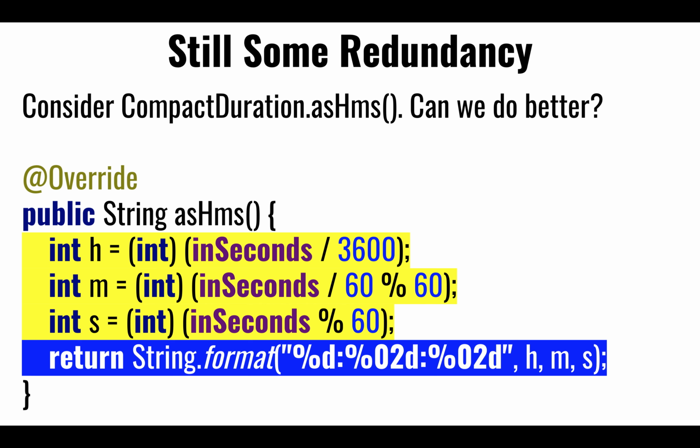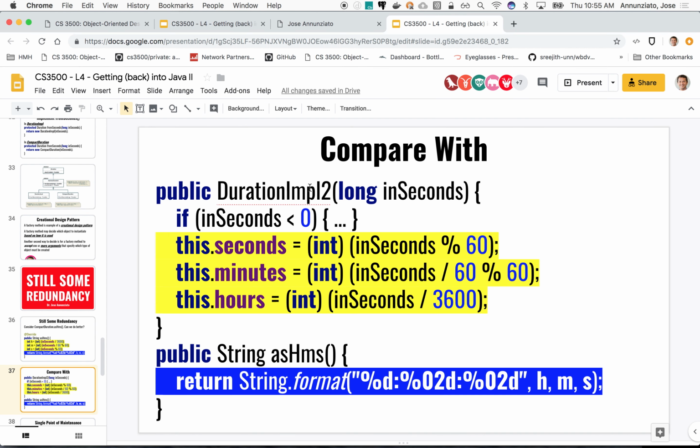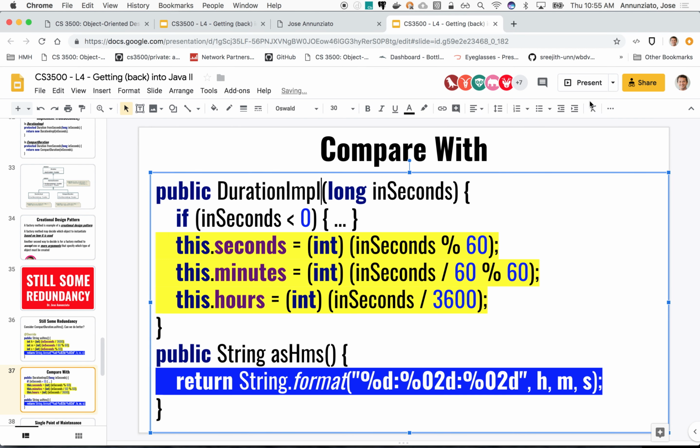So that's there, and somebody had a keen eye and said, wait a minute, I think I saw that somewhere else. That source code looks very suspicious, and in fact, oh yeah, I remember, it was in my DurationImpl constructor.